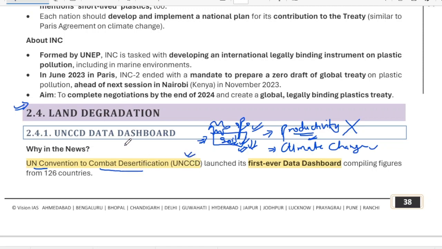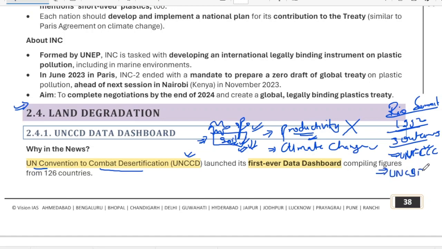UNCCD, you must have read in your static part that the Rio Convention, the Rio Summit, was held in 1992, and three outcomes of this summit were: first, UNFCCC, the Framework Convention on Climate Change.